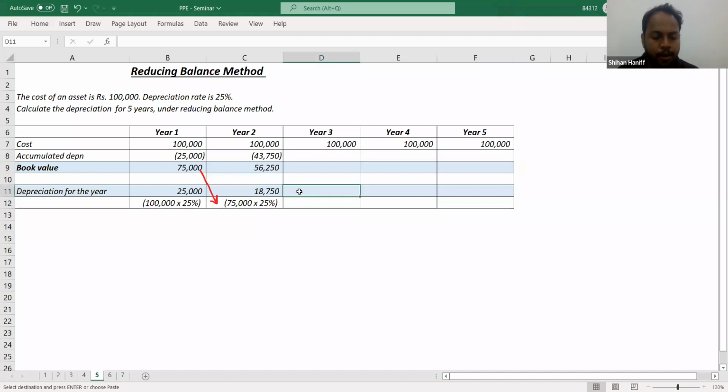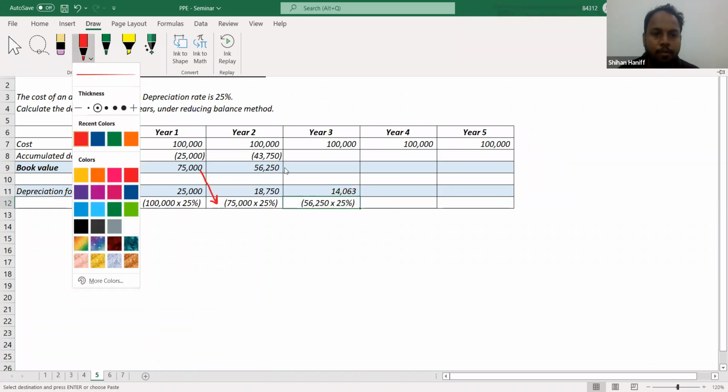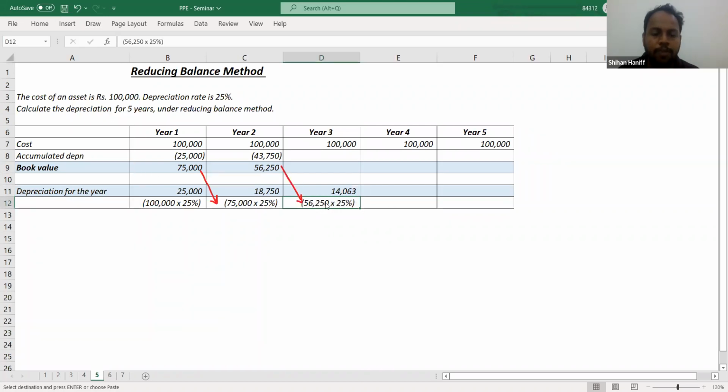Right. Third year, it will be 56,250 into 25%, which is 14,063. So total will be 43,750 plus 14,063, 57,813.